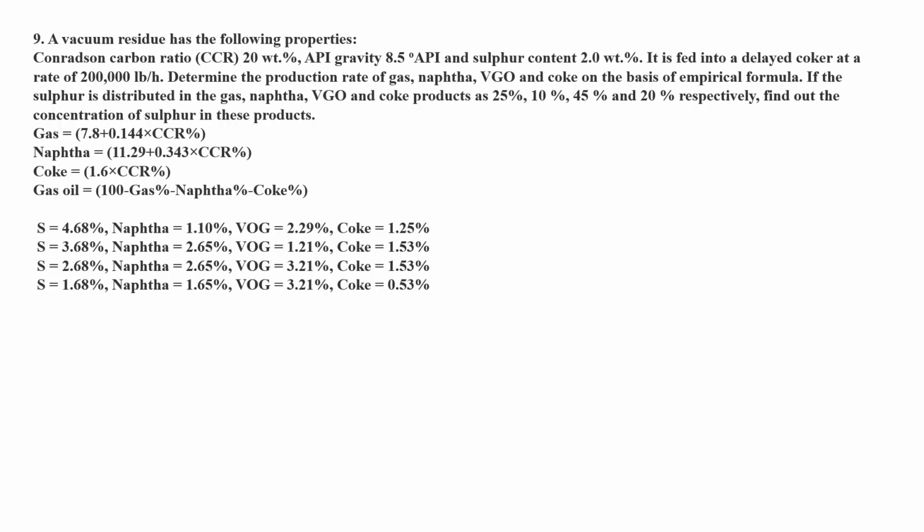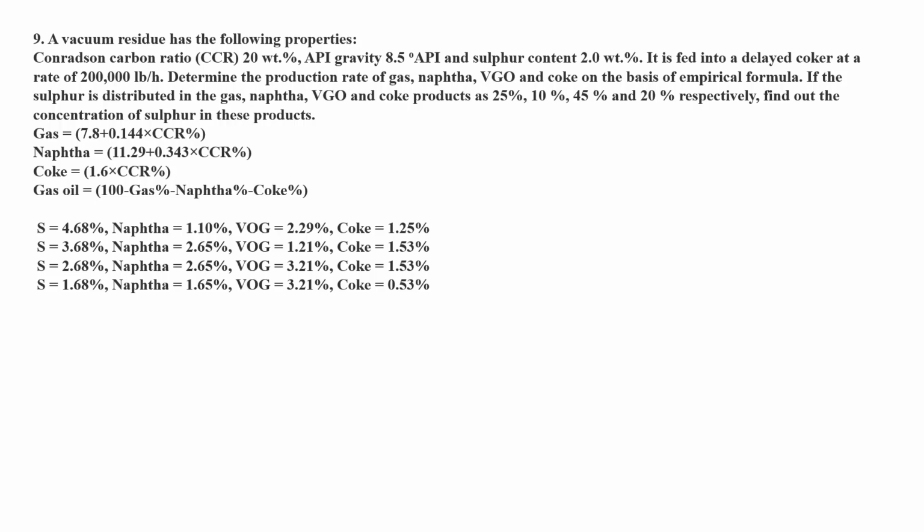It is fed into a delayed coker at a rate of 2 lakh pounds per hour. Determine the production rate of gas, naphtha, VGO, and coke on the basis of empirical formula. If the sulfur is distributed in the gas, naphtha, VGO, and coke products as 25%, 10%, 45%, and 20% respectively, find out the concentration of sulfur in these products.